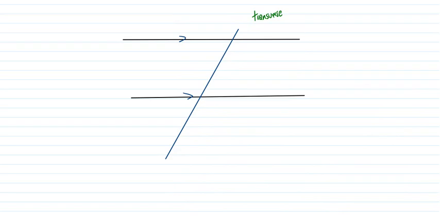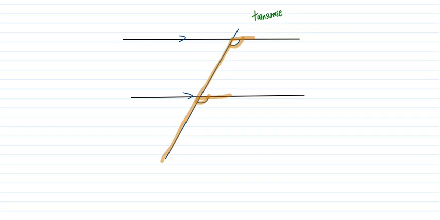And now, what type of angles do we start to see? Because we have a transversal line, that's when we start to see angles that make an F shape, which are these ones here. And we say those angles are going to be equal due to them making an F shape. What type of angles are those?